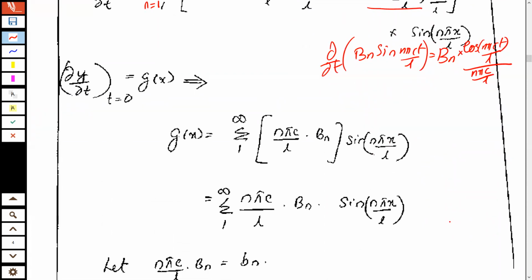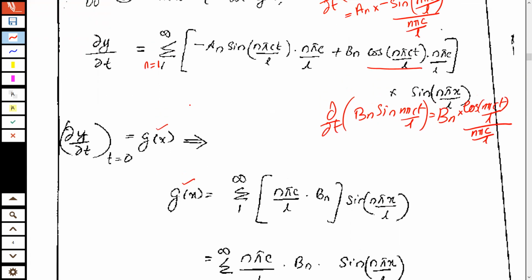Now let us evaluate dou y by dou t at t equal to 0, and it is given that the value of the expression is equal to g of x. We can substitute the value on the left hand side and evaluate the right hand side. Sigma n equal to 1 to infinity. Here the term sine becomes sine 0, which is equal to 0. Hence this term reduces to 0.